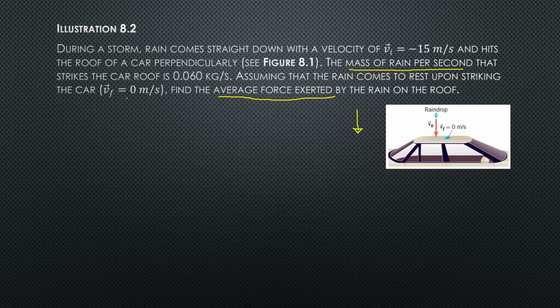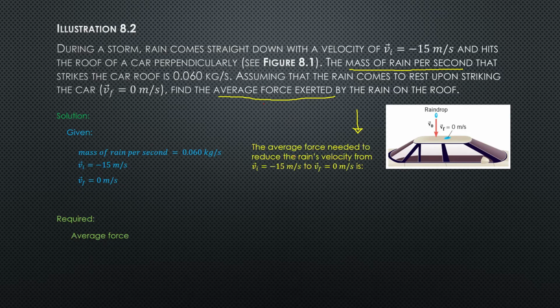Now the average force exerted by the rain on the roof is the unknown. The given mass of rain per second is 0.06 kilograms per second, the initial velocity is negative 15 meters per second, negative is pointing downward, and the final velocity upon touching the roof is 0. The required is the average force exerted by the rain on the roof.